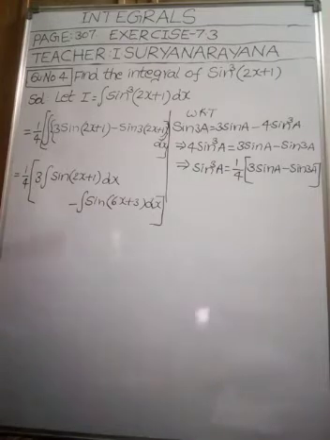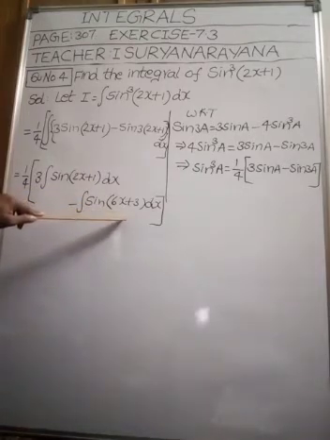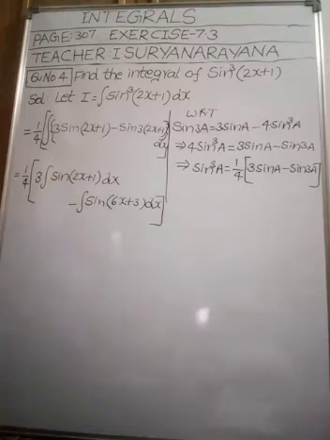Right. Now if you observe this first term, it is in the form of integral sin of ax plus b. This is also integral sin of ax plus b. Both are in the form of integral sin of ax plus b. Then what is the formula? Yes.